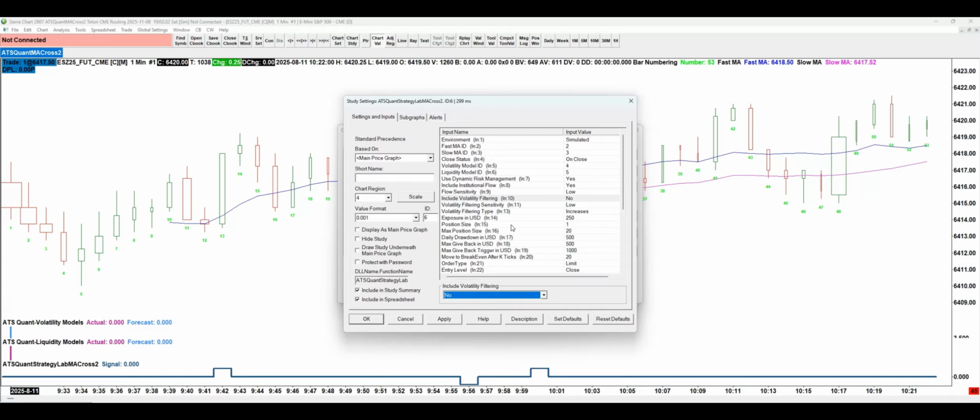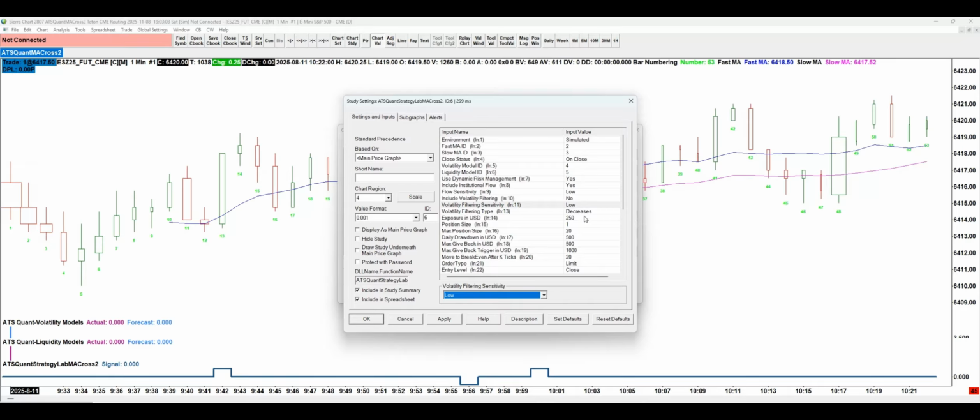So we could say, for example, that we only want to trade when we have increases in volatility if we find that our system performs better during high volatility periods, or we can switch this to decreases in volatility if we were to find that our system performs better during lower volatility environments. And then we could just change that sensitivity as well. But we're not going to use the volatility filtering. We'll just use our institutional flow and our dynamic risk management.